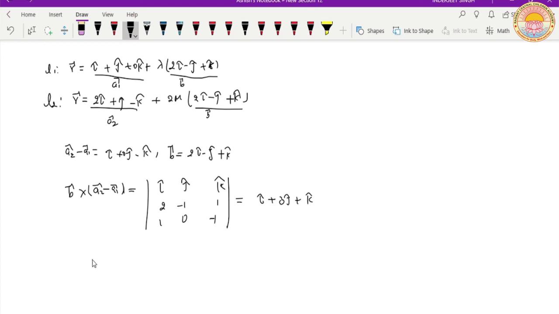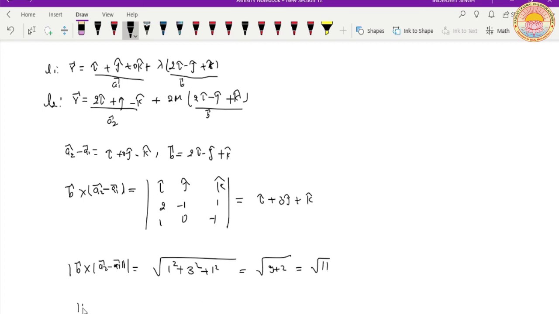Now, if we find the magnitude of vector B cross vector a2 minus vector a1, then this will give square root of 1 square plus 3 square plus 1 square. It means 9 plus 2, it means square root of 11.